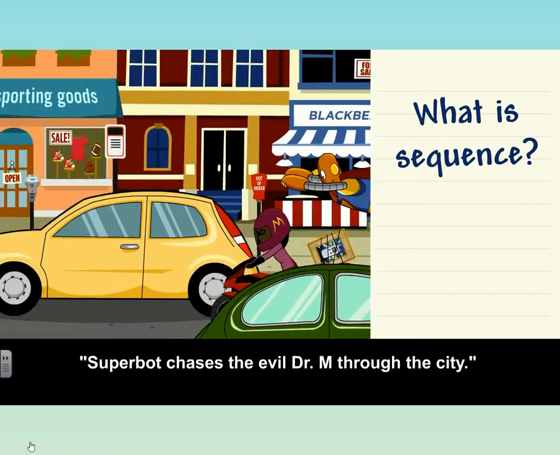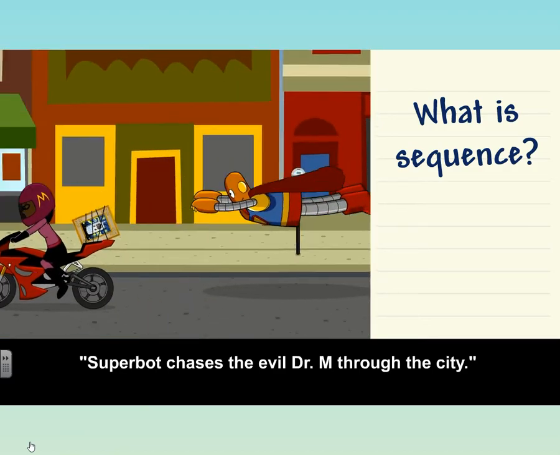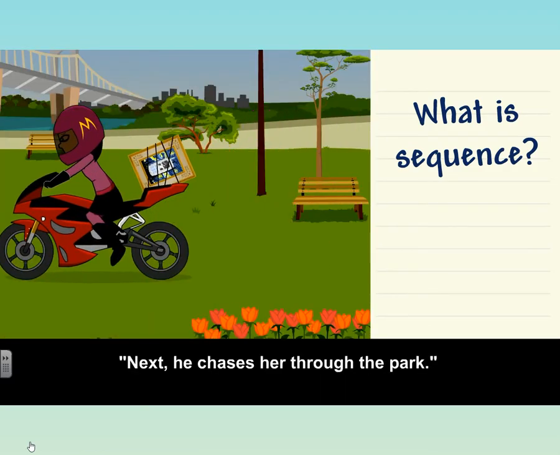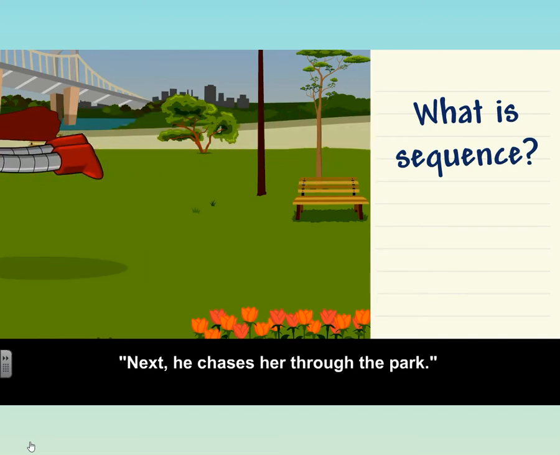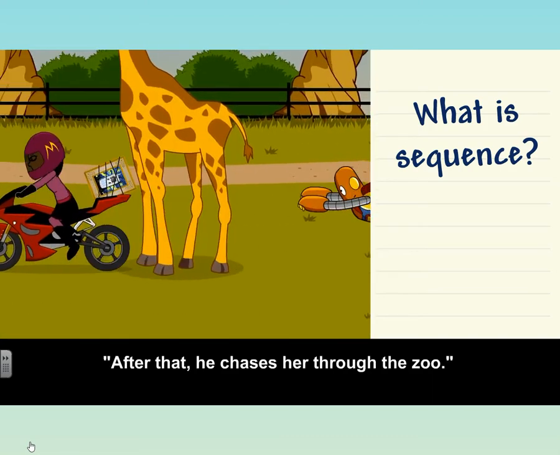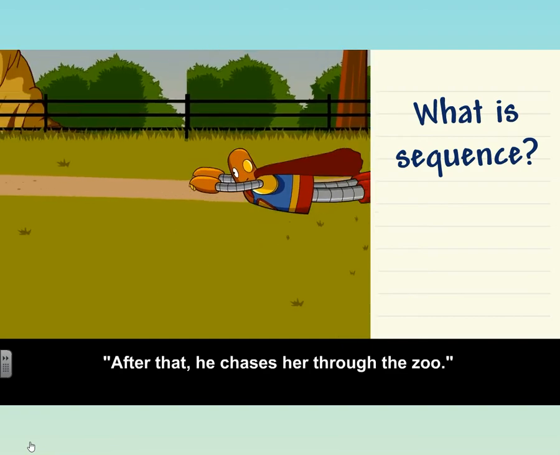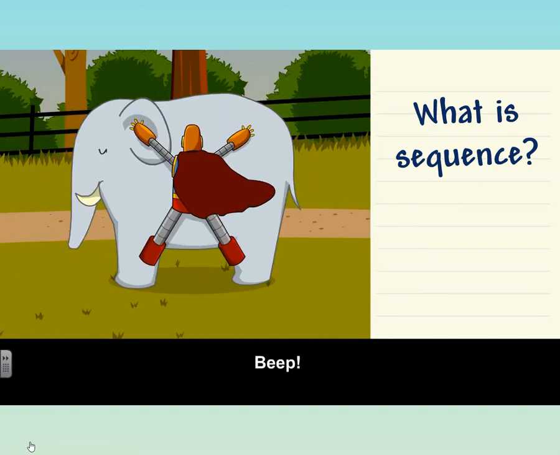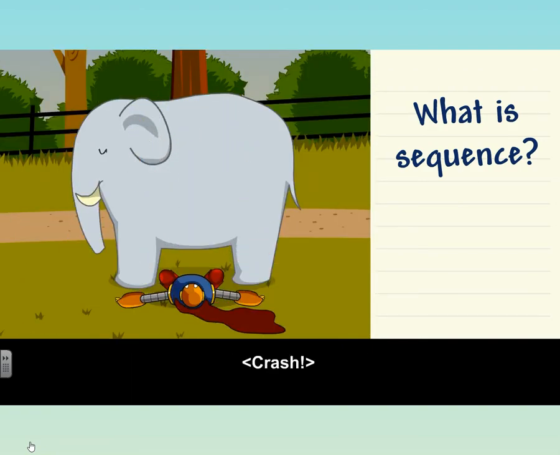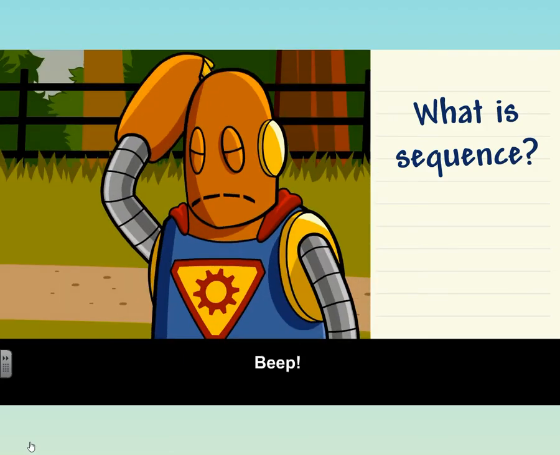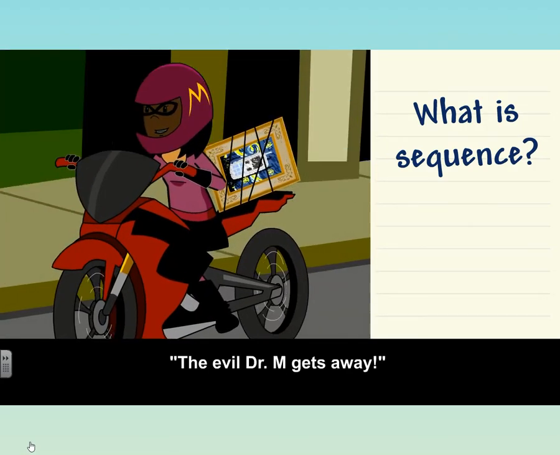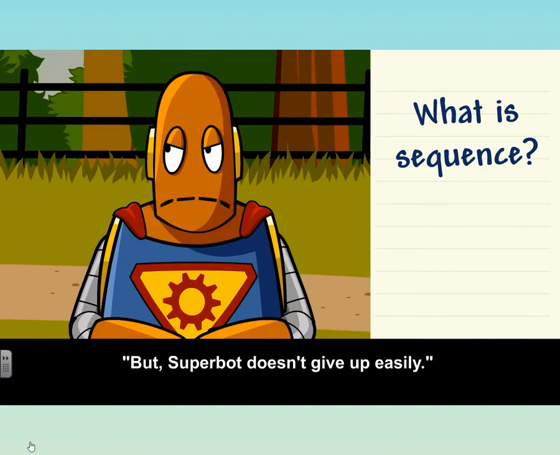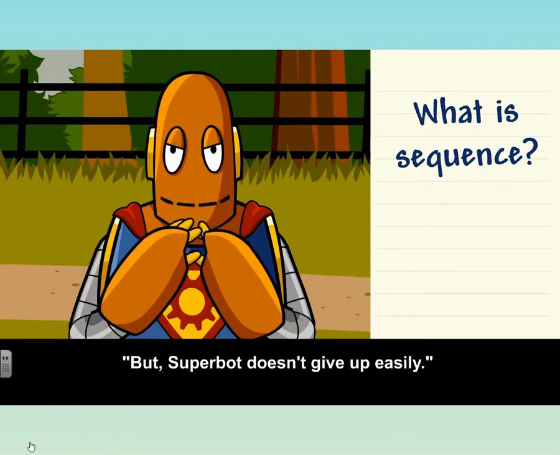Superbot chases the evil Dr. M through the city. Next, he chases her through the park. After that, he chases her through the zoo. The evil Dr. M gets away, but Superbot doesn't give up easily.